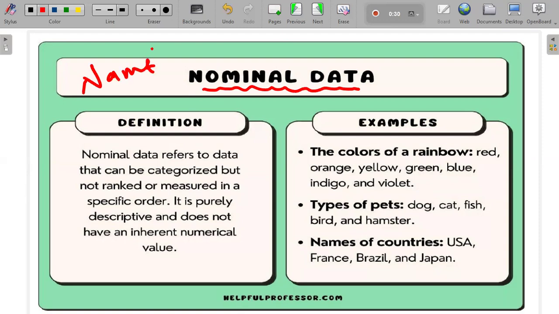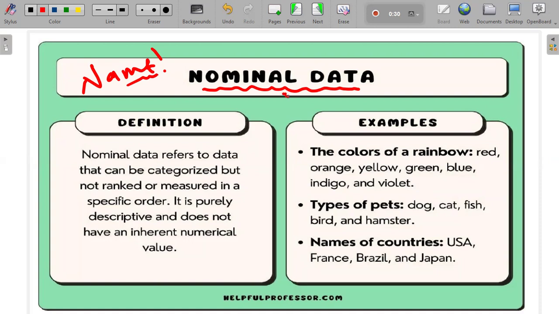So whenever you hear the word nominal, just know that it's data that can be categorized based on description. So we can categorize students based on the programs that they are doing. We can say those are doing maybe medicine, those are doing pharmacy, those are doing physiotherapy, just like that.